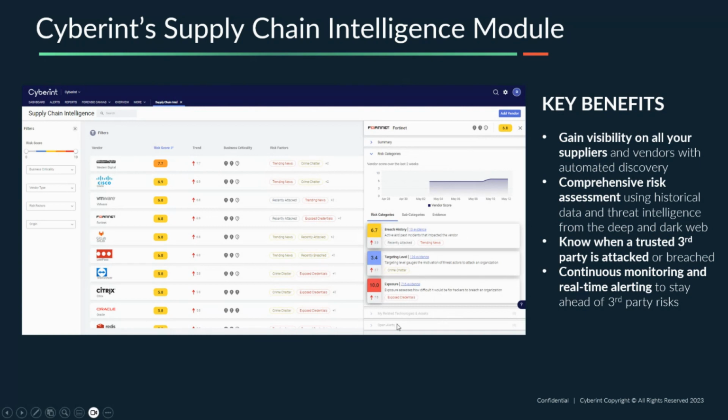We score the vendor across all of these categories, and then ultimately provide you with a risk score that is some kind of aggregation of all of these scores, indicating how likely it is either that A, this vendor is experiencing an active breach, and hence you need to respond immediately, or B, has a high risk of being breached because of some poor hygiene, high targeting, etc. So all of this is part of the product, and perhaps I will try to share one of my screens and show you a little bit of what this looks like in the platform, unless we have any questions.